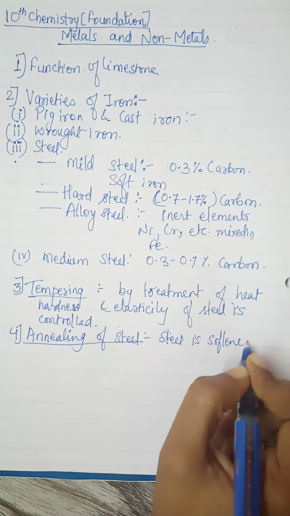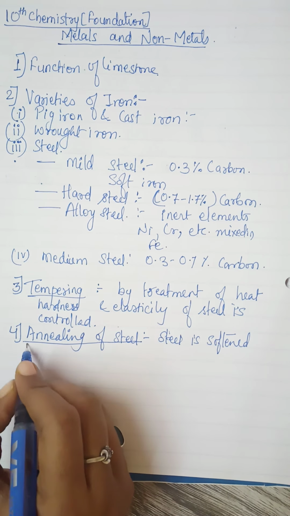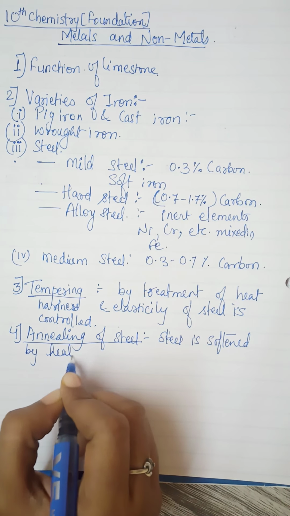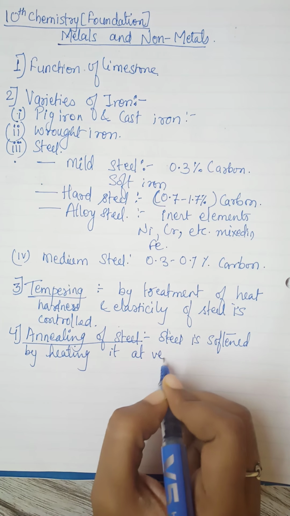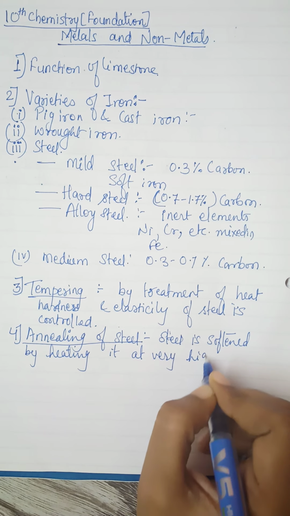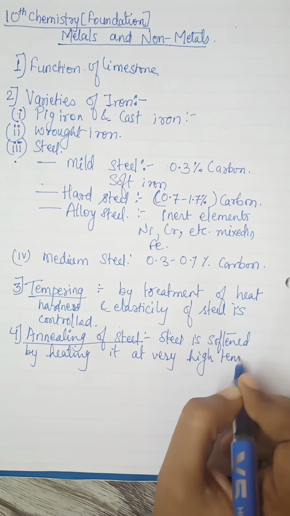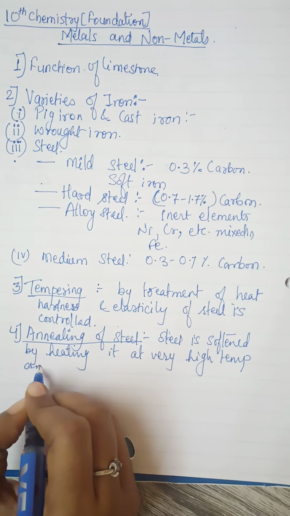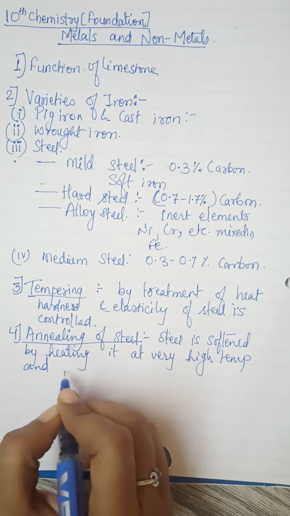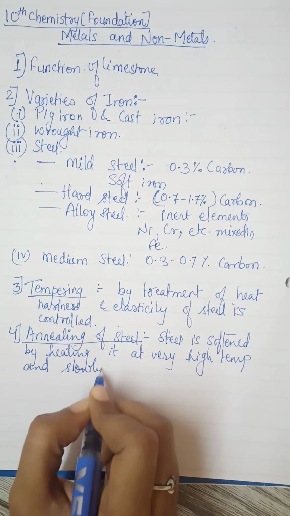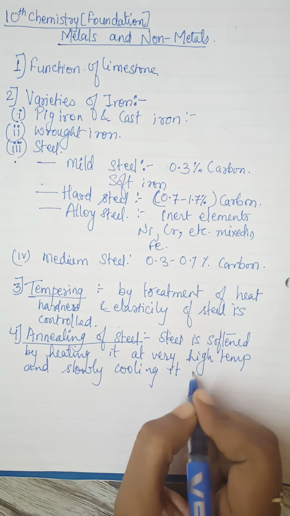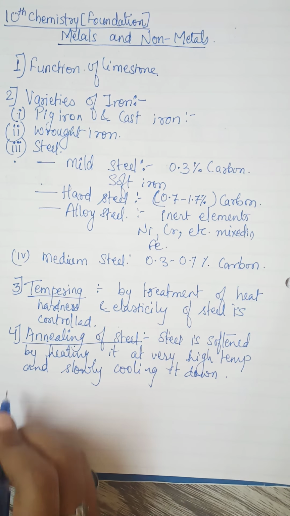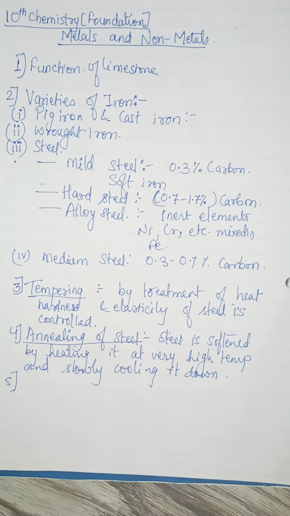How are we softening it? By heating it at a very high temperature, and then slowly cooling it. So this is your annealing.